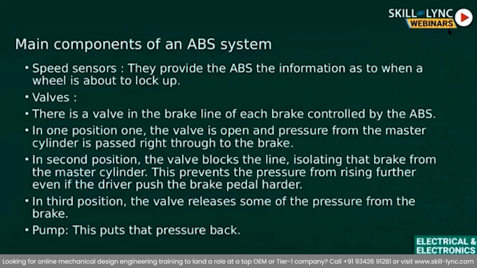Now, before moving on to the next slide, we have to understand how the ABS controller makes use of all these components to successfully implement the ABS system. The ABS controller monitors the speed sensor at all times, looking for extraordinary deceleration in the wheel. Right before a wheel locks up, it will experience a rapid deceleration.